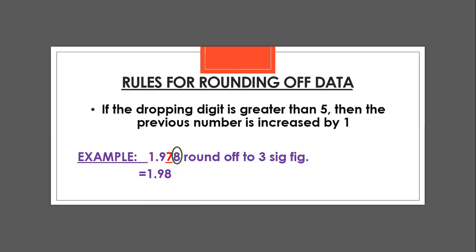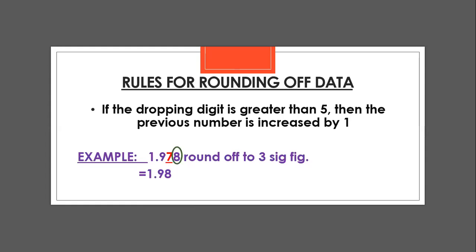But you can't drop 8 like that. You have to follow the rule. You will circle 8, that is the dropping digit, and you will look at the previous number. You're going to underline it. Since the rule says that if the dropping digit is greater than 5, yes, my 8 is greater than the number 5.